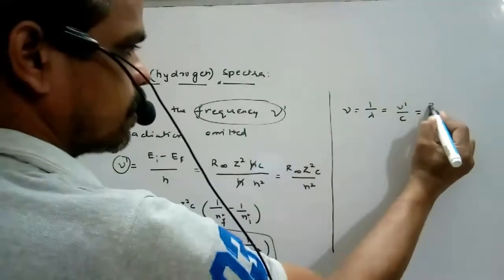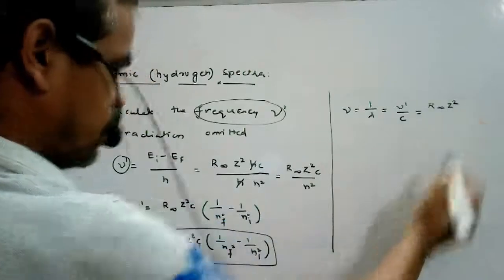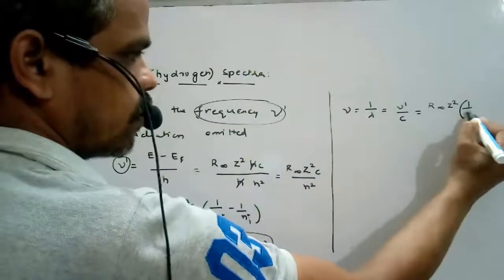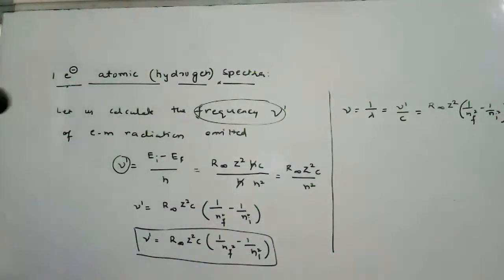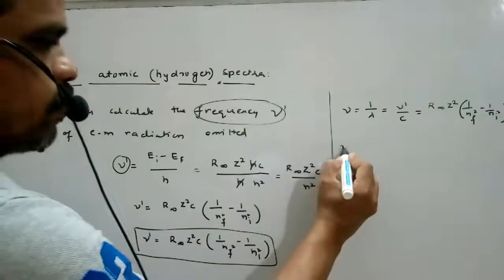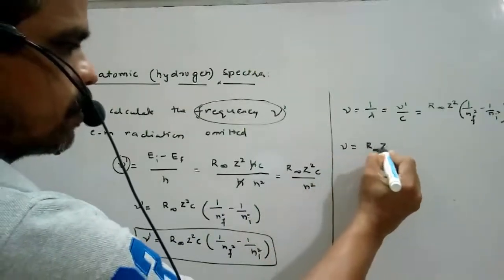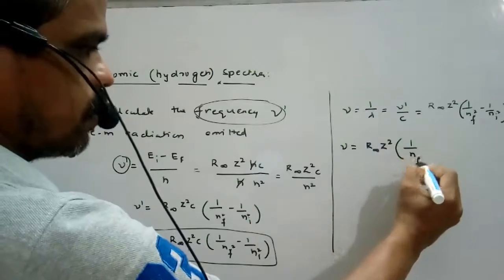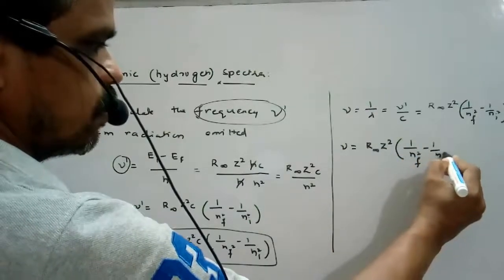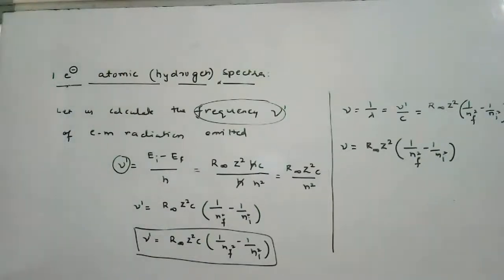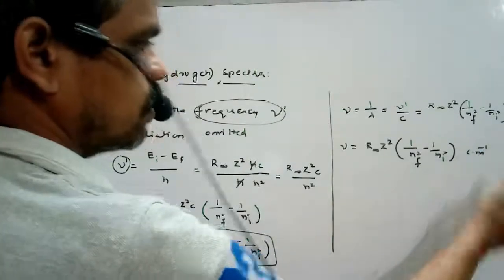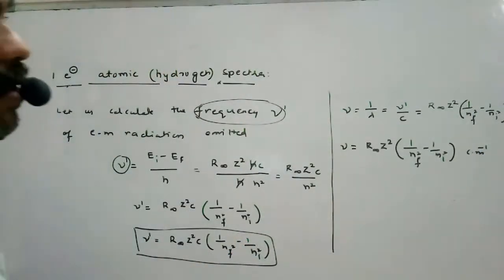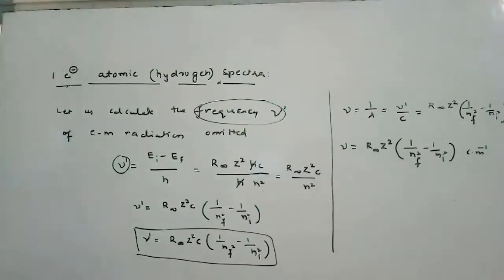So the wave number equals R infinite Z square times 1 by nf square minus 1 by ni square. The wave number units are per centimeter, centimeter inverse or meter inverse. So this is the wave number.